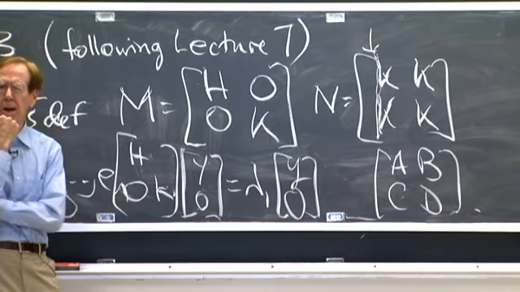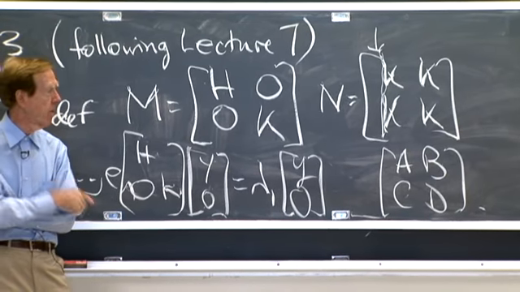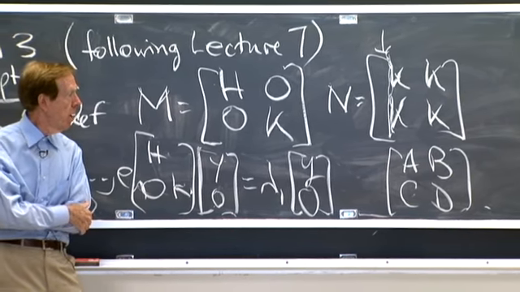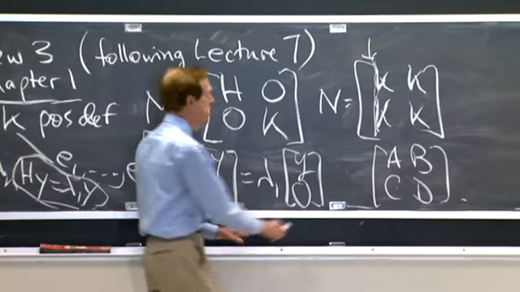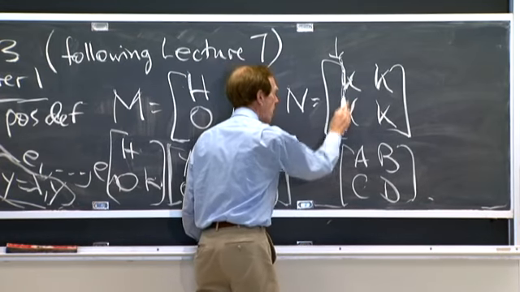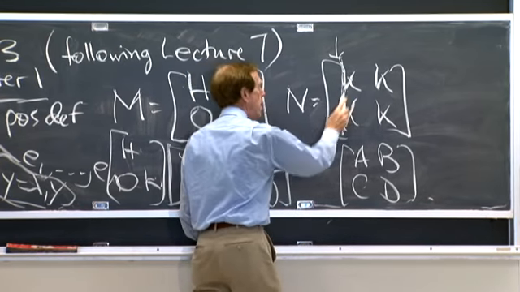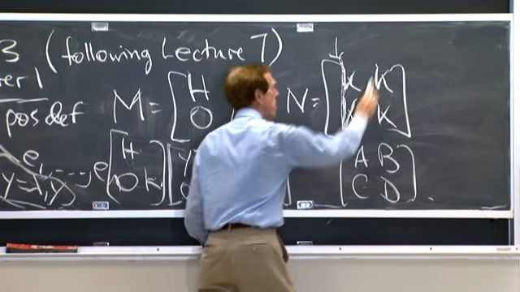What do you think about the columns of that block matrix n? Do you see that same column showing up again? Yes, that very same column, the first column of k, is going to show up right there. So this matrix has 2 identical columns. No way it could be invertible.